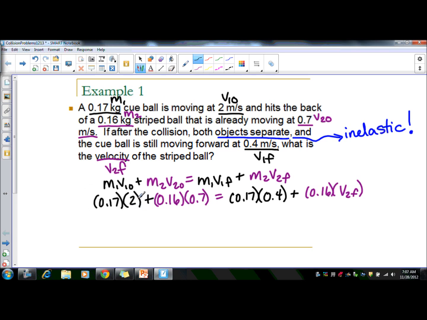All right, so what we're going to do is go ahead and multiply all this out. So 0.17 times 2 gives you 0.34 plus 0.16 times 0.7, which is 0.112, and that is equal to 0.17 times 0.4, 0.068, plus 0.16 times V2F.